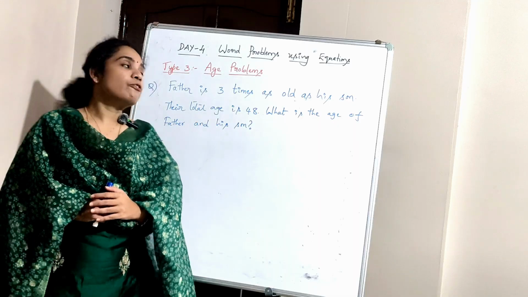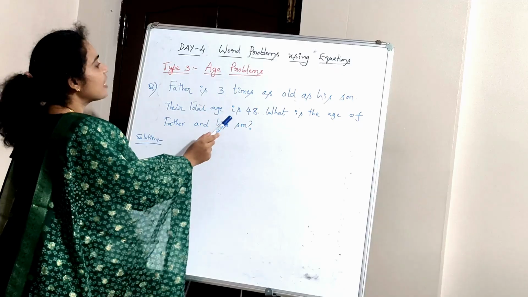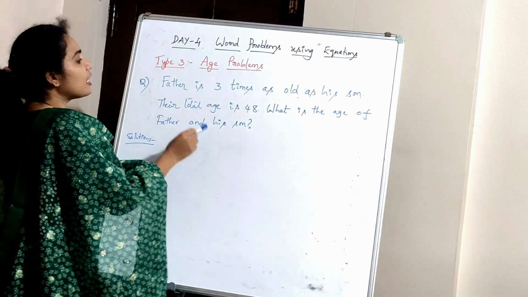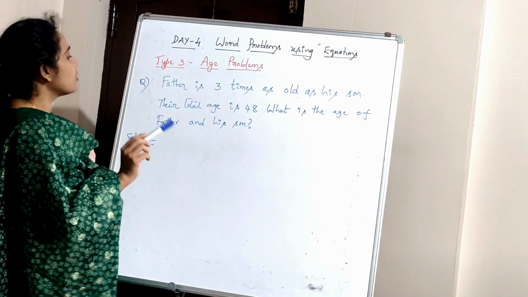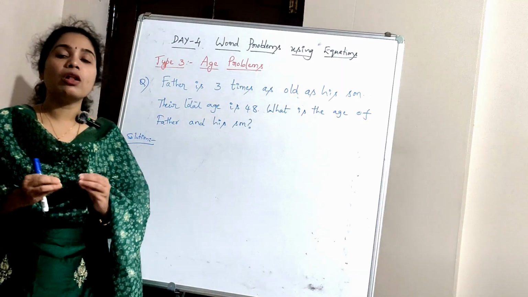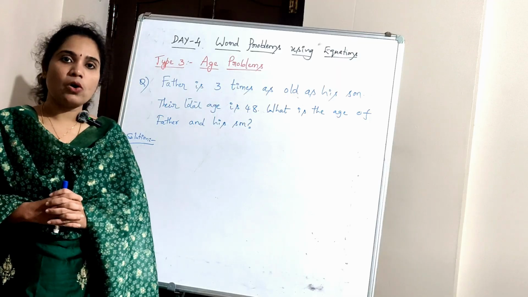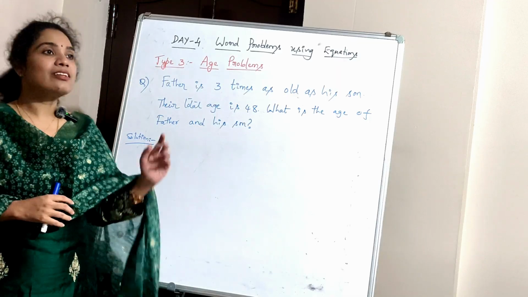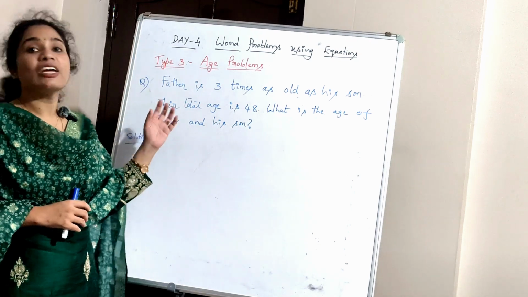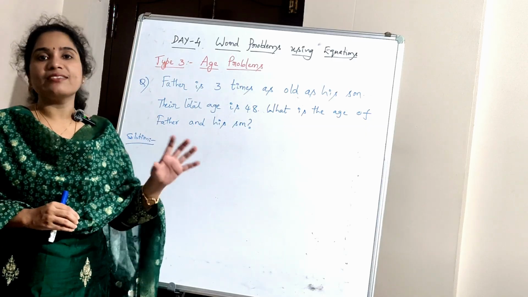Let's solve the first problem. The question is, father is 3 times as old as his son. The total age is 48. What is the age of father and his son? So first of all, we need to know what we have to consider as x. If we translate these age problems, which are in English, into mathematics carefully, they will be very easy.